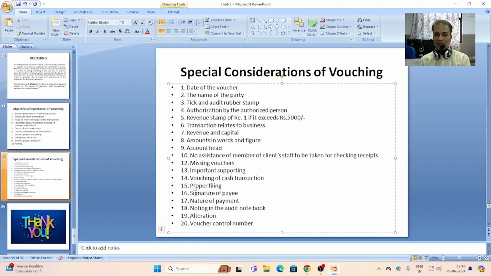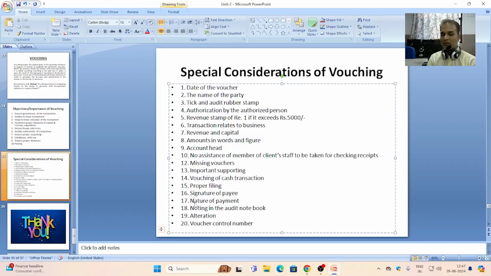Proper filing: during vouching, the auditor has to check that all the vouchers and all the supporting bills are properly filed in the voucher file or in any other file related to entries of books of accounts. Signature of receiver: it should be ensured by the auditor that the voucher is signed by the payer.